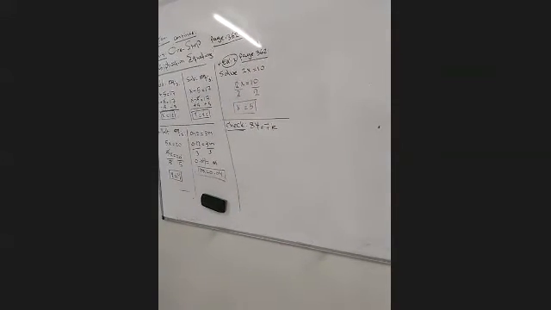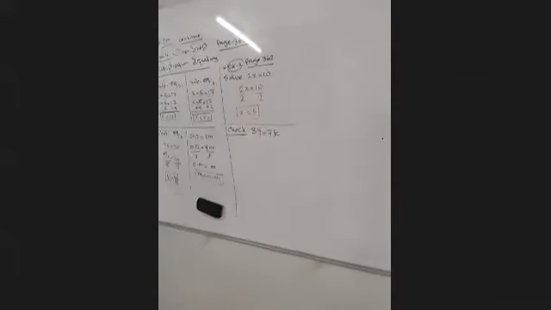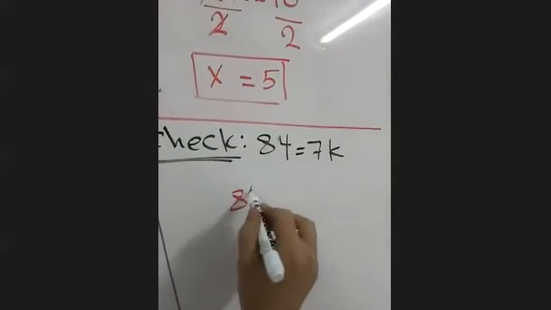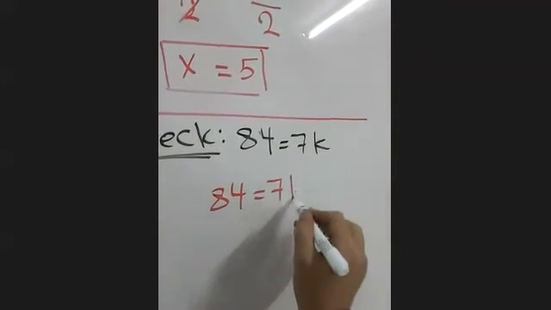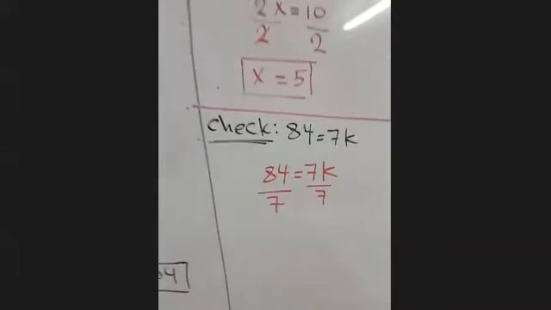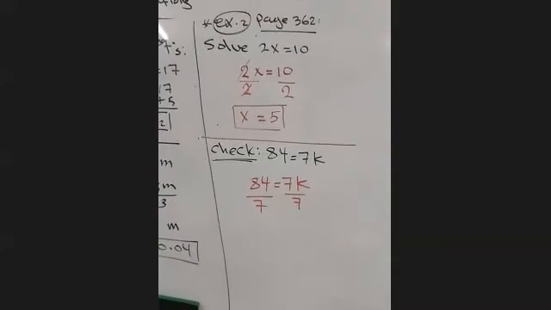We will rewrite the equation first. 84 equals 7k. Then we will divide by 7 on both sides. Good. Then we will find the value.